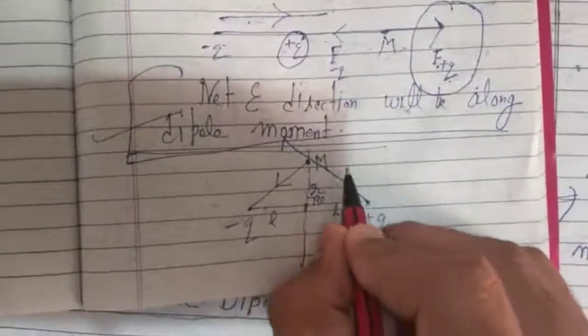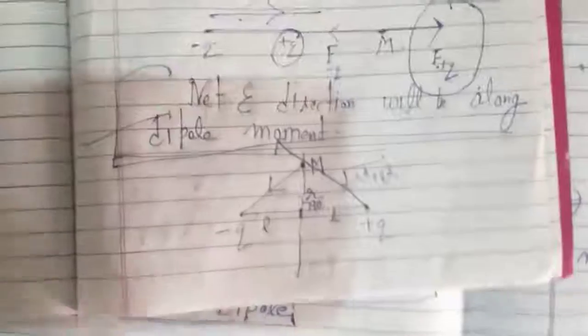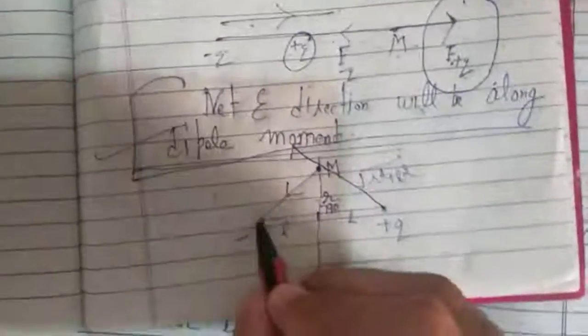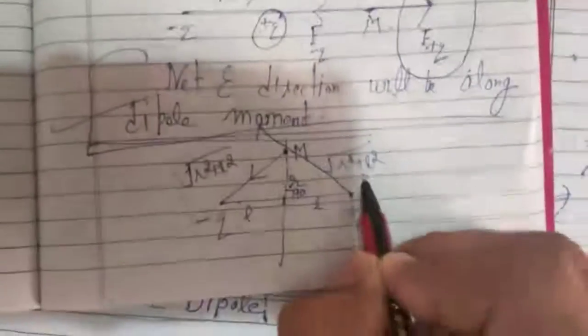What is the value of the hypotenuse? Under root R square plus L square. This is the distance of M from plus Q. Same way, the same distance from minus Q: under root R square plus L square. We have applied the Pythagoras theorem here.